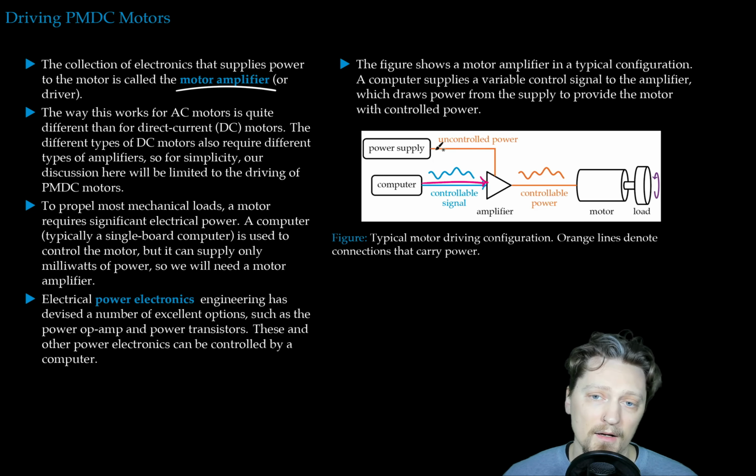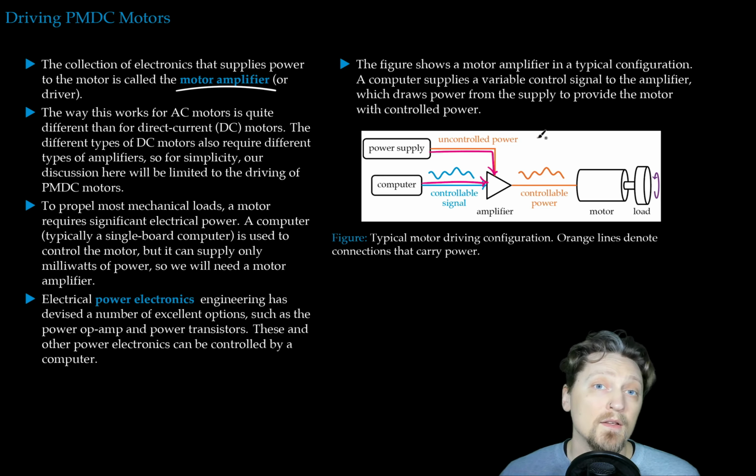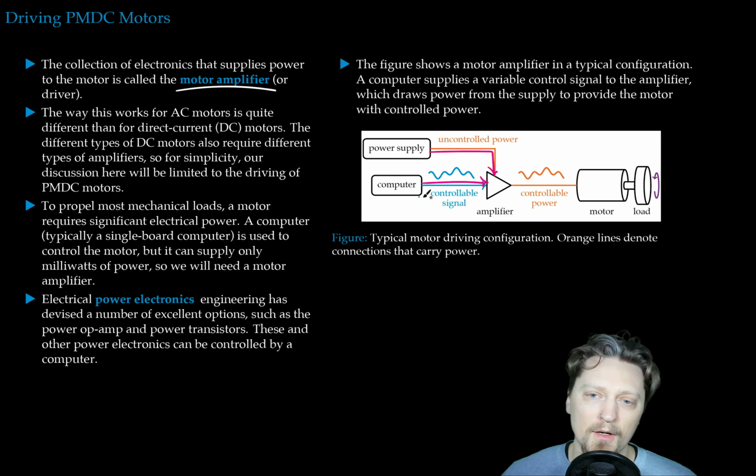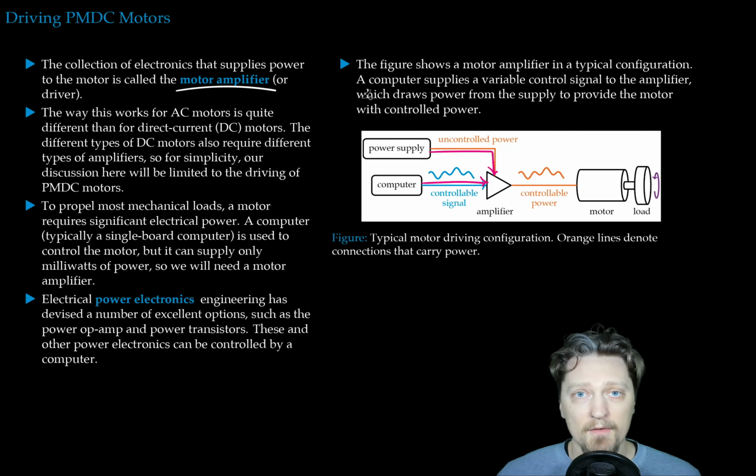So the amplifier draws power from the power supply, and controlled power is what the amplifier supplies to the motor.